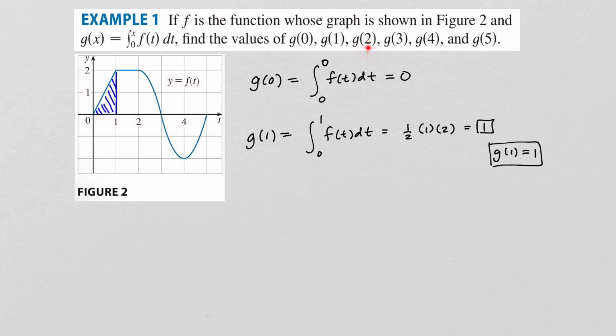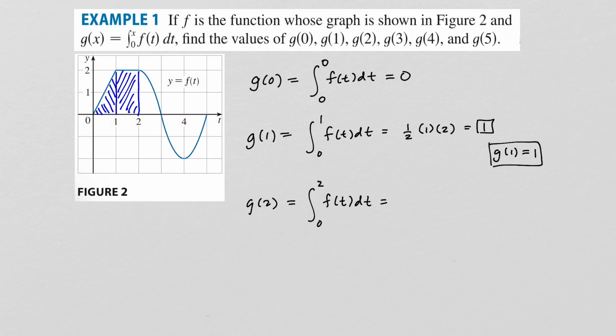Next, we want to find g of 2. So g of 2 is, by definition, the integral from 0 to 2 of f of t dt. And now we are finding the area under the curve from here to here. So we're adding a little bit more area.